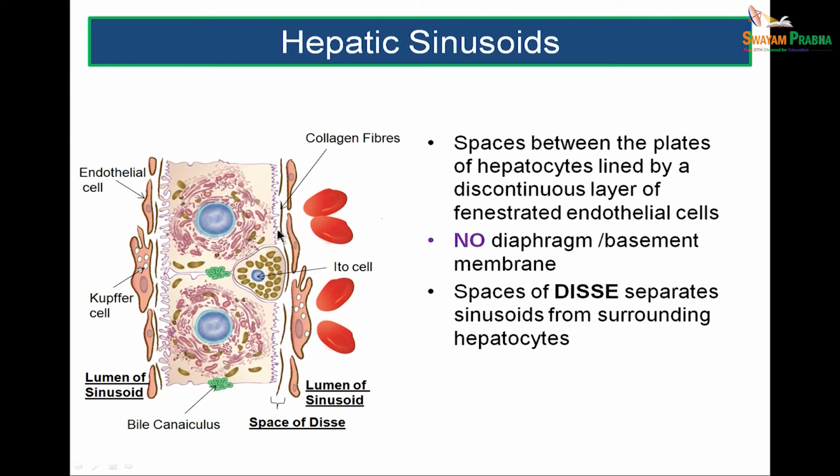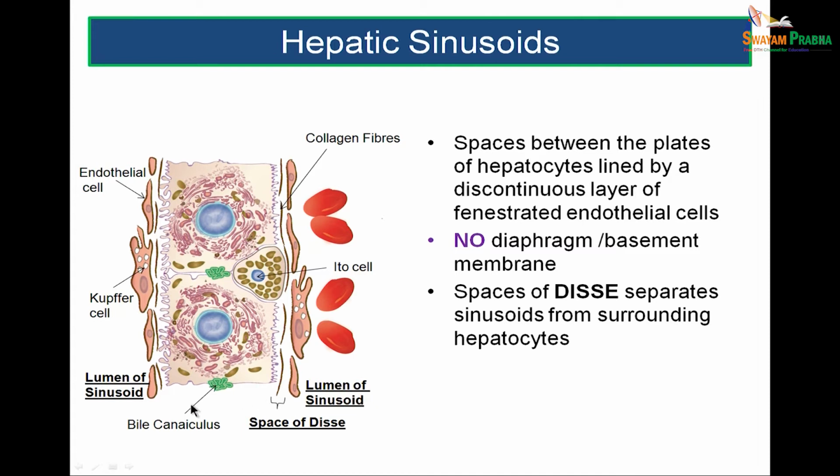Let's take a look at the hepatic sinusoids. So, here we have two hepatocytes attached to each other, and they line the sinusoids. This is the endothelium of the sinusoid. Here we have a special cell called the Kupffer cell and another special cell called the Ito cell. Besides these cells, we just have the endothelial lining of a sinusoid.